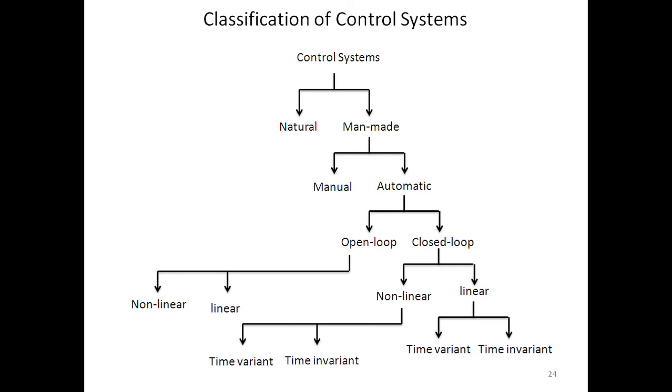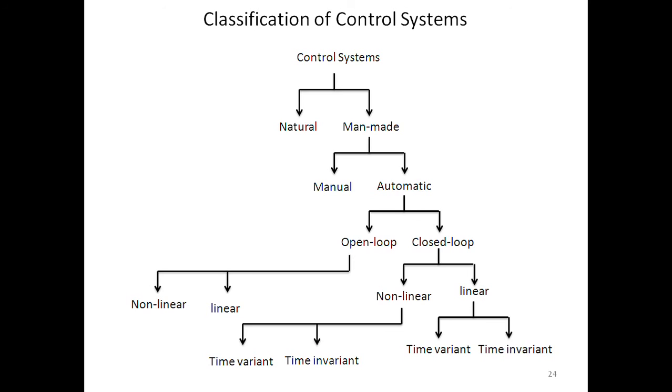So overall in this lecture we started with control systems, then we classified control systems mainly into natural and man-made. Man-made we classified into manual and automatic. In automatic there are two classifications, open loop and closed loop. We classified open loop systems into non-linear and linear.